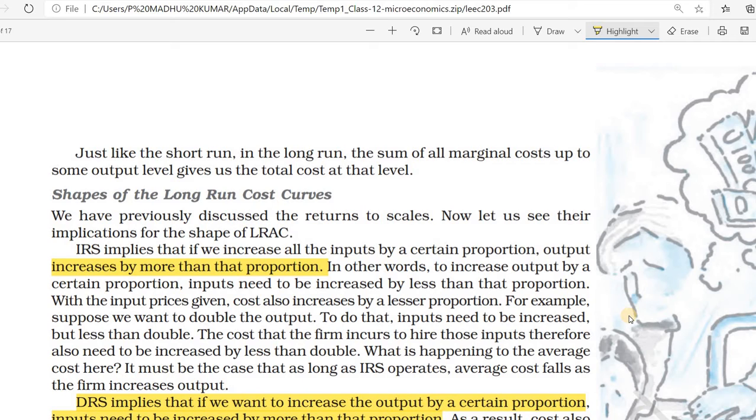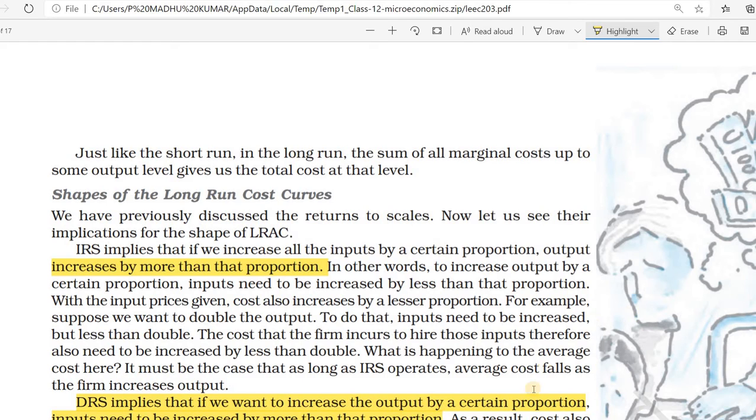Increasing returns to scale implies that if we increase all inputs by a certain proportion, output increases by more than that proportion. We are increasing all inputs, but output increases more. If we increase inputs by 5% but output increases by 10%, that is increasing returns to scale.